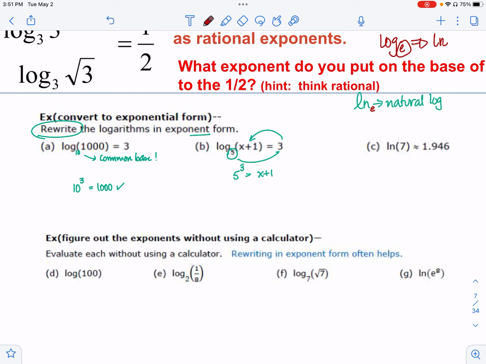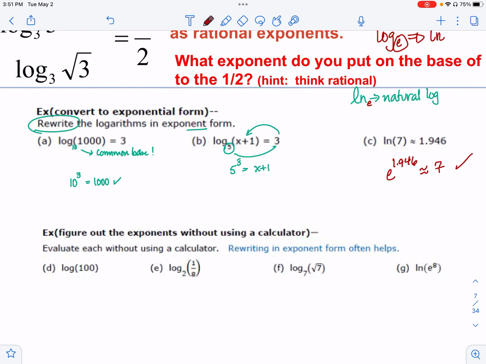We talked about e in a previous lesson on exponents, and how the mathematician Euler is responsible for getting to that number, and its value is 2.718, and so on and so forth. So default base here is e. Whenever you see natural log, just know you can write down an e here, or base is e. Hence, this question is saying e raised to the power of 1.946 is approximately equal to 7, and I have rewritten it as exponential.